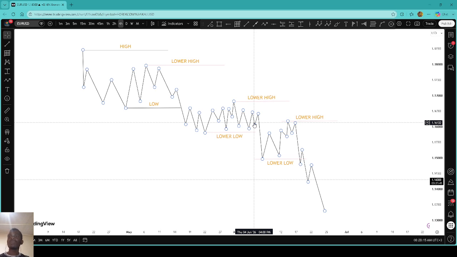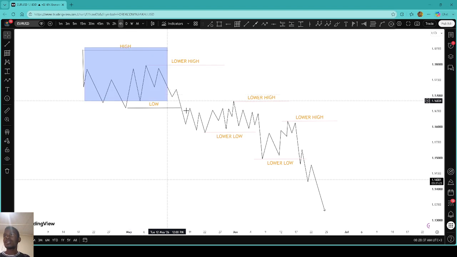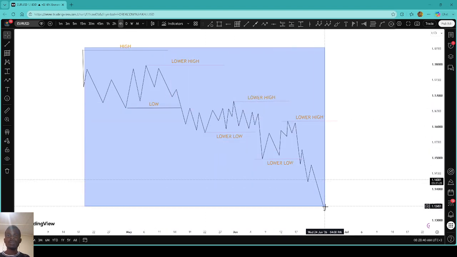And if you are lucky to get an impulsive move which is straight, you must be ready to be patient. You must be patient in the market for you to get such moves. Okay, so let's clear this up.